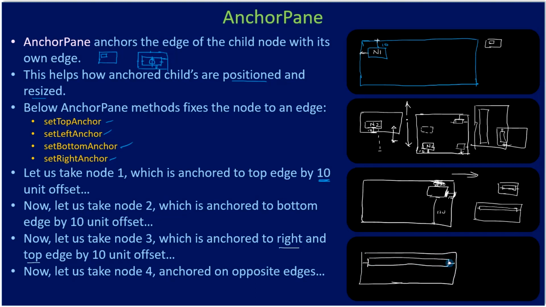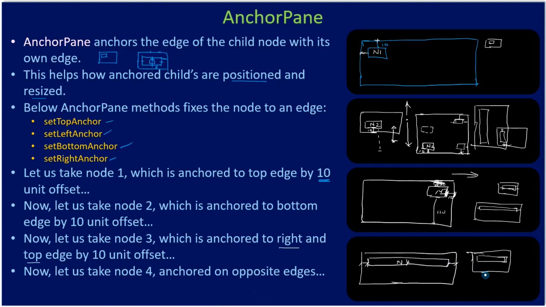Now let's say you are resizing the form. You are reducing the width, and if you see, since it is anchored on left as well as right, and it needs to keep the same distance, it will resize the control. So that's the use of anchored pane.